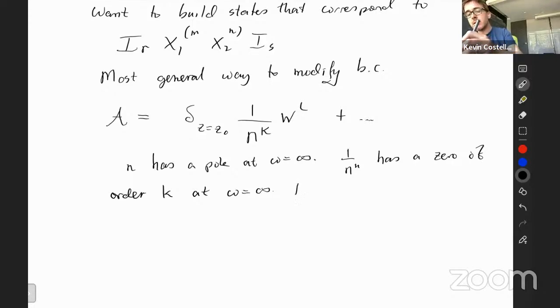So we need that the index L ranges from 0 to K. Well, this is perfect because these are exactly states with the right quantum numbers to match the states we see in the chiral algebra.